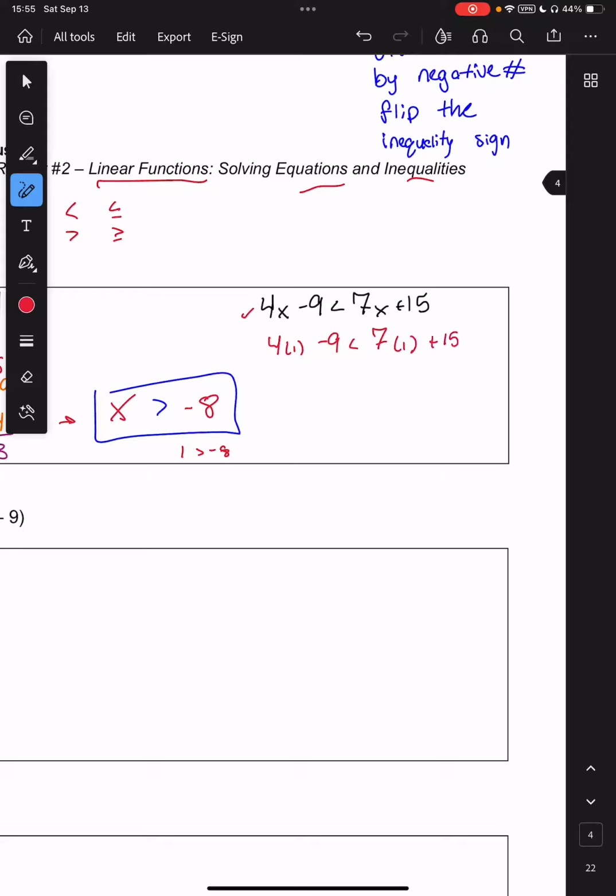And then when we simplify this, 4 times 1 is 4 minus 9 is less than 7 times 1 is 7 plus 15. 4 minus 9 is negative 5. 7 plus 15 is 22. And 22 is greater than negative 5, so we know that this works.